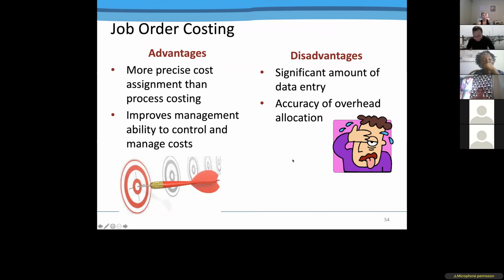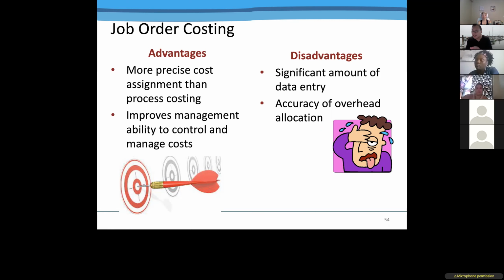Okay, so job order costing. Advantage: you can see this picture is about accuracy, right? It's really about accuracy. With job order costing, they have better management of that job, right? Because they are focusing on the individual job, they can have more precise control of the cost, right?